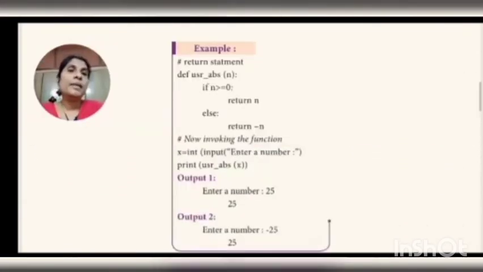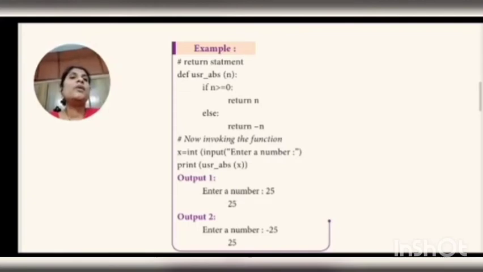We have an example here. The name of the function is user apps. It has two return statements. If the value passed for the parameter is more than 0, then the first return statement will be executed. But if the value is less than 0, then the second return statement will be executed.